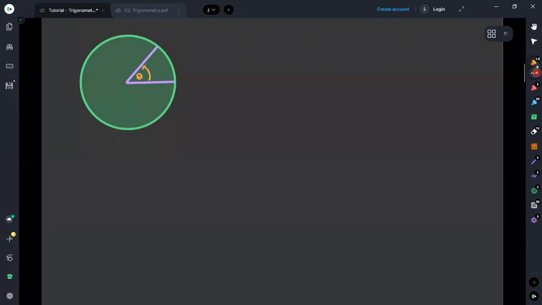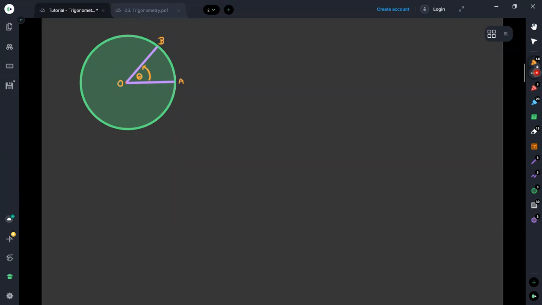Suppose this is the center O, this point is A and this point is B, then we can consider that AB is the arc. AB is the arc formed by the angle theta, or the angle theta subtends at the center the arc AB.